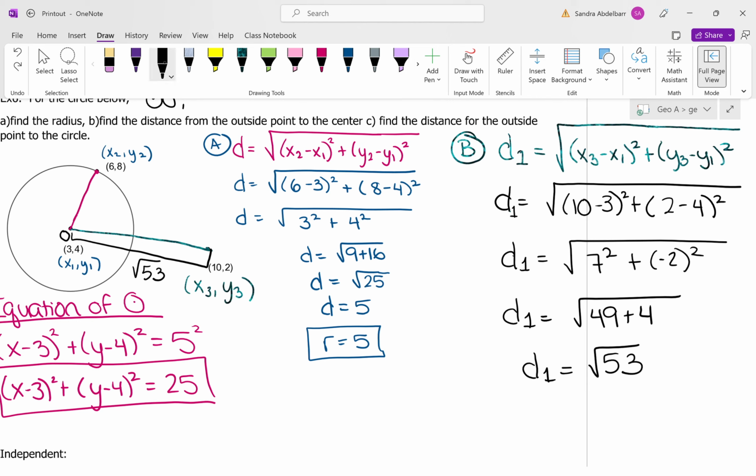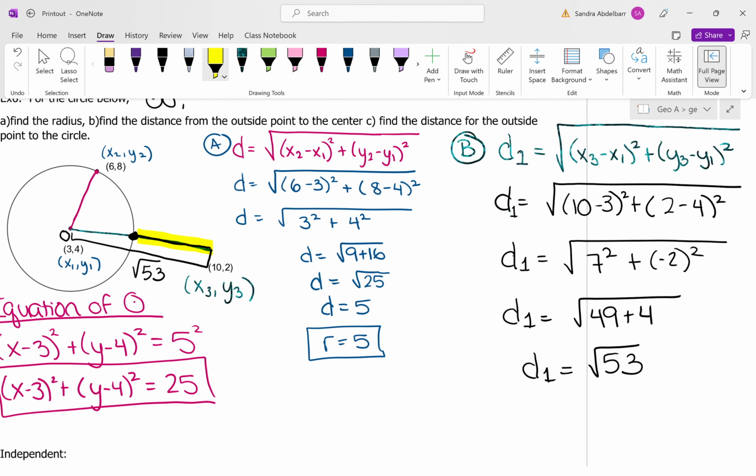So the shortest distance will just be a straight path, like there. That's the distance we want right now. I can't use the distance formula because I don't have the coordinates of this point right here. So does anybody know how we can find the distance from 10, 2 to the rim?